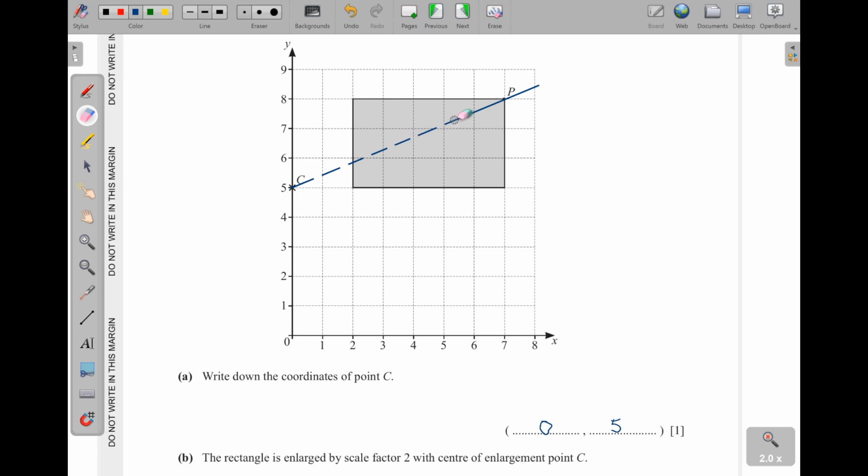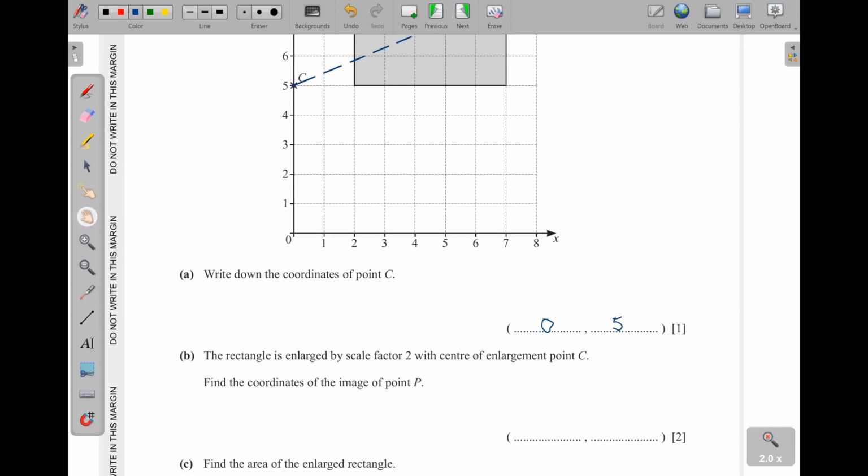So we draw lines through the object points and the center of enlargement. Now in here we are going to get the translation C to P and multiply it by 2. Then add the result to the coordinates of C. What do I mean?